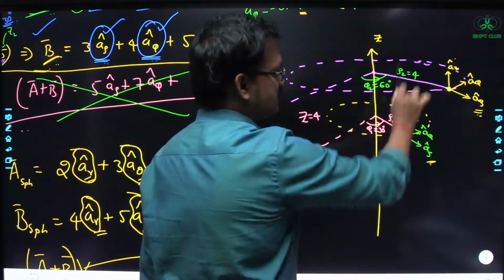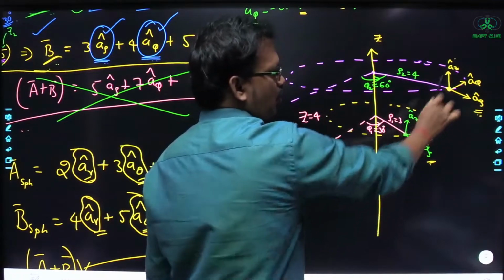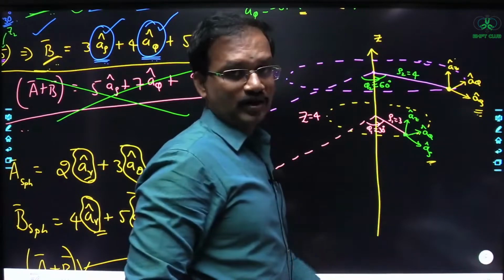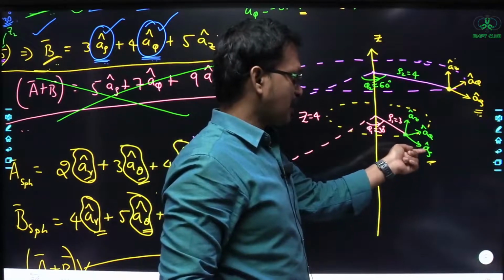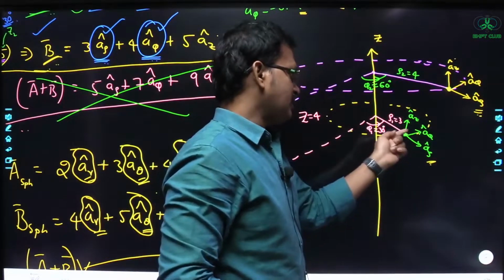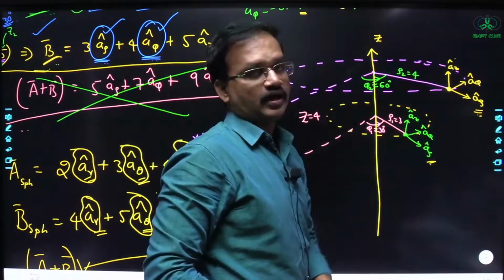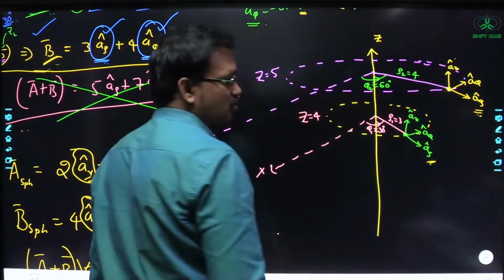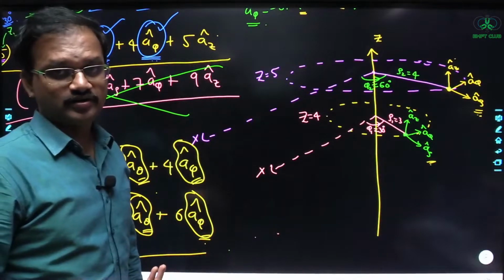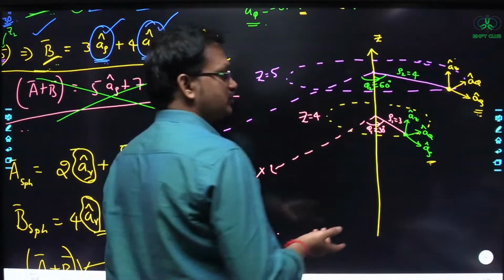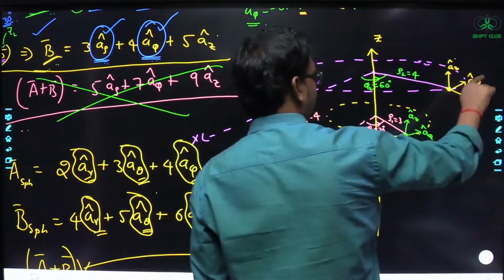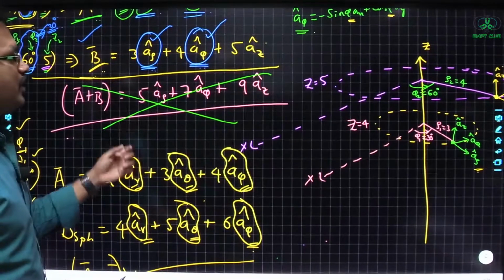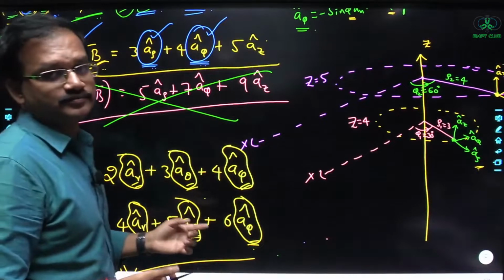Only the z cap is parallel to one another, whereas the ρ cap and φ cap are not parallel. So in that case you cannot perform this addition operation directly.